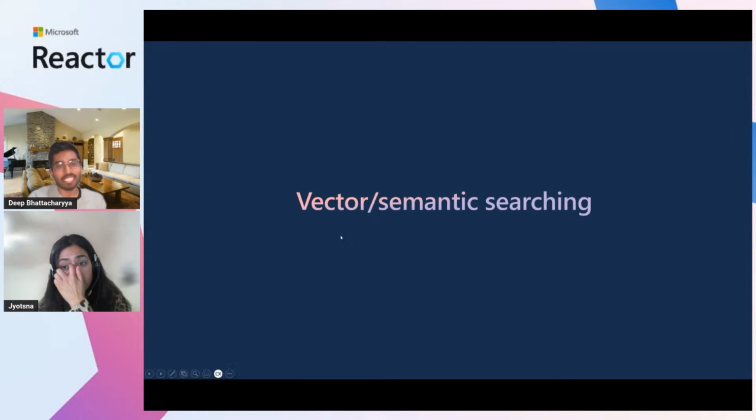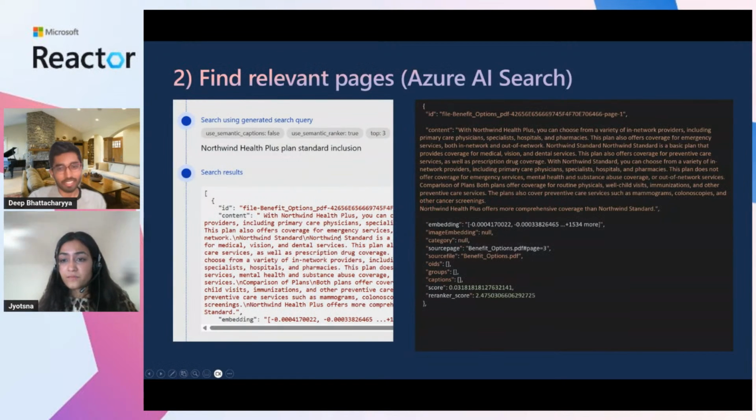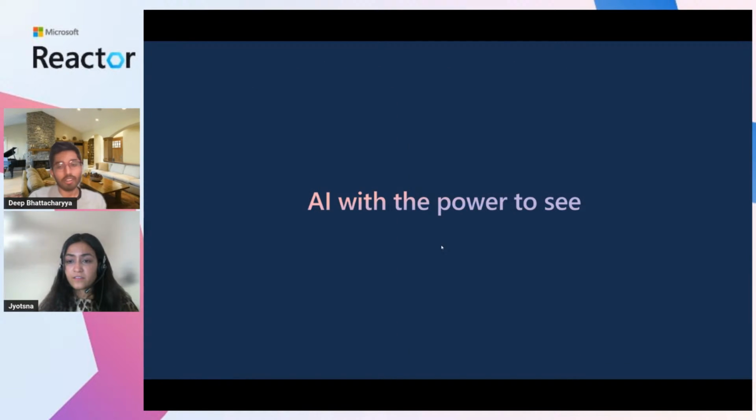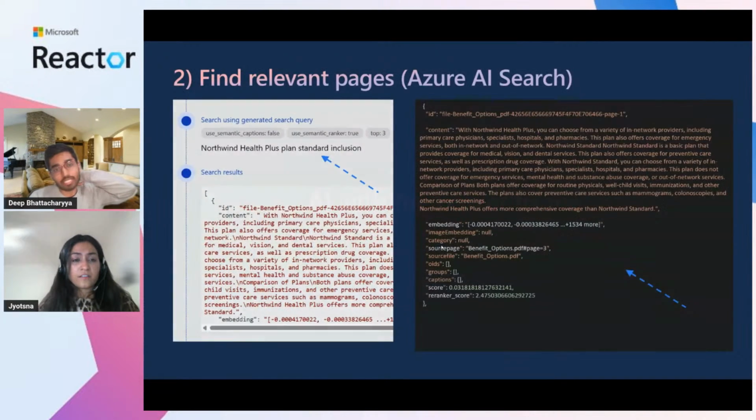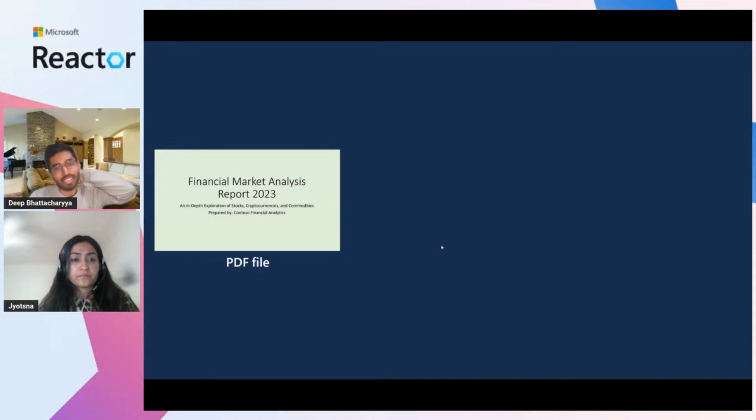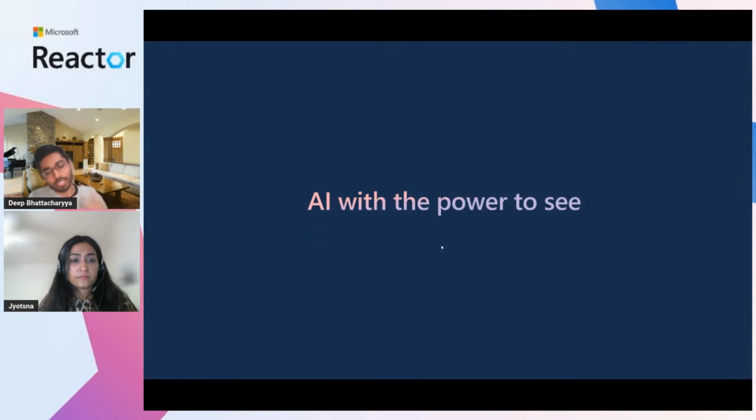Vector and semantic searching. So essentially you get back the results for the search query, and you send that off to OpenAI, and OpenAI generates the responses that we saw. Now, this is quite new technology that has come up quite recently. It's called the Vision engine, so GPT-4 with Vision.